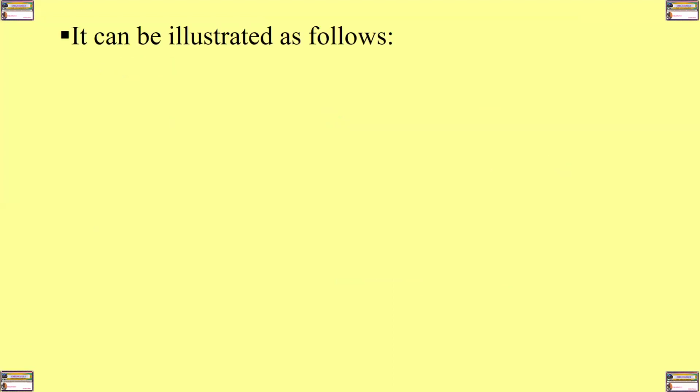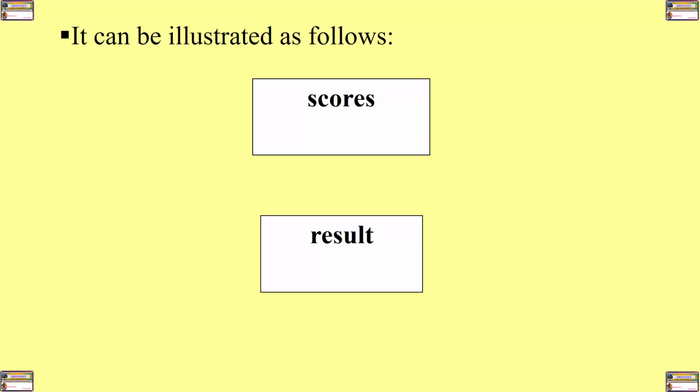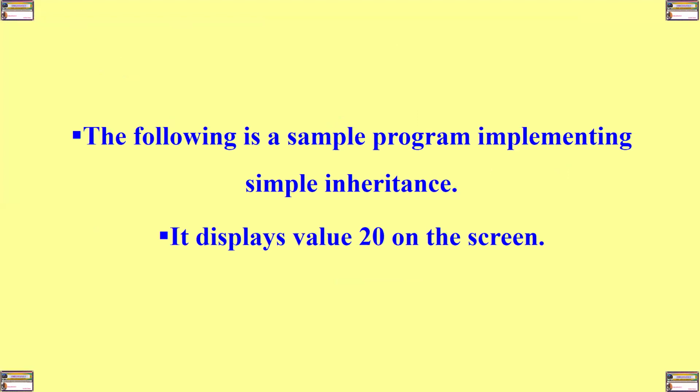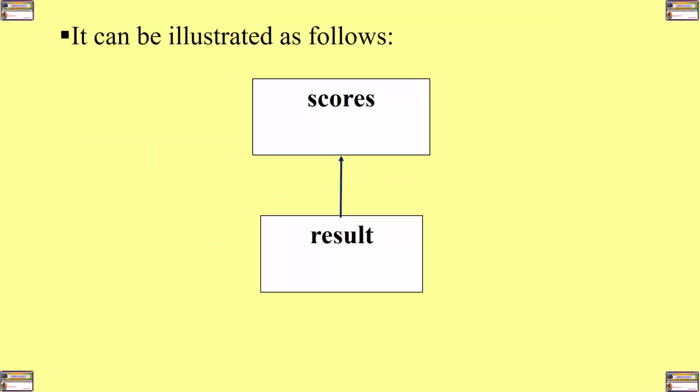It can be illustrated using a diagram. We have the base class called scores, and the derived class called result.